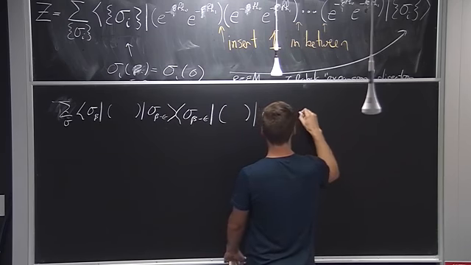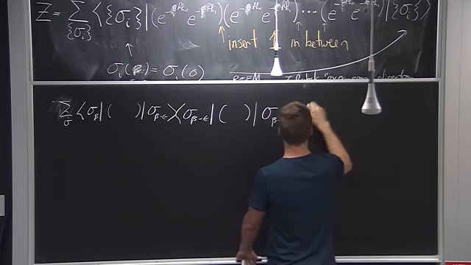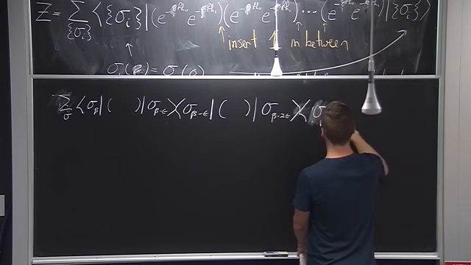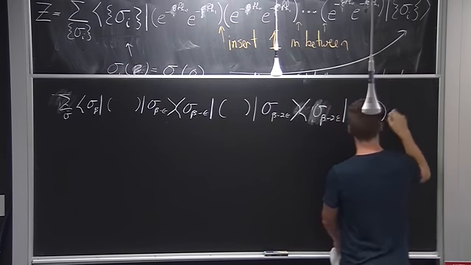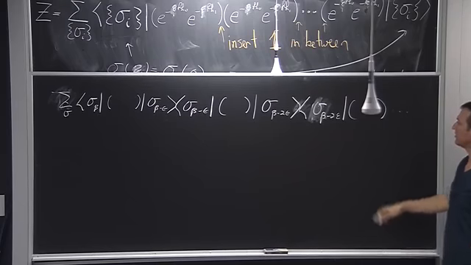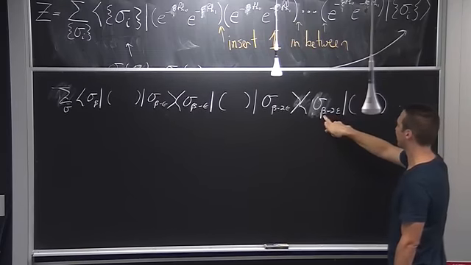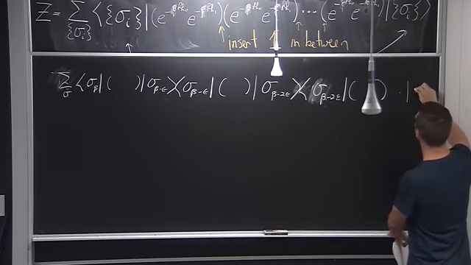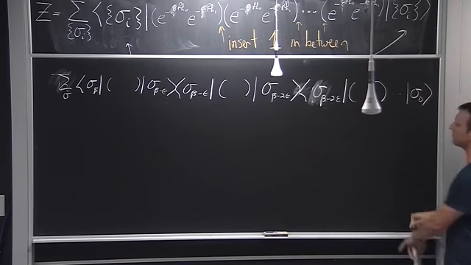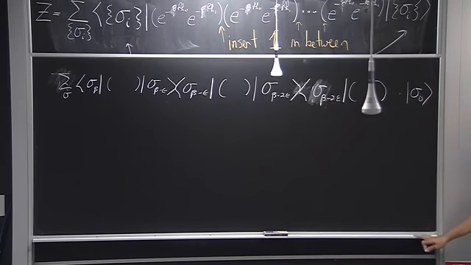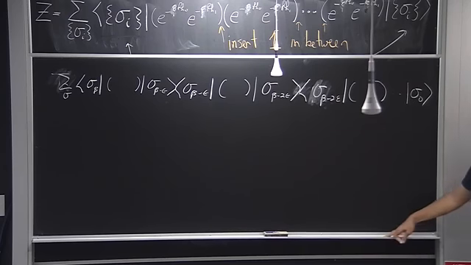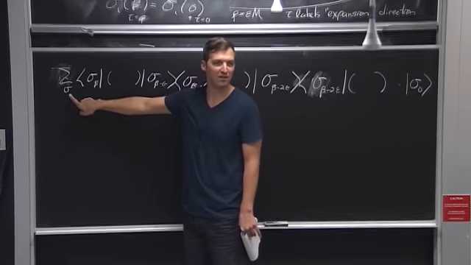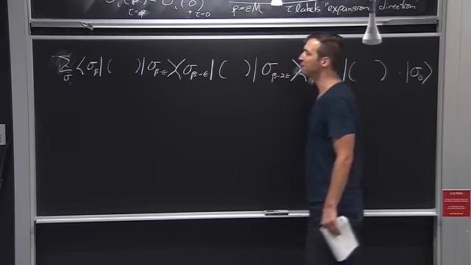Then beta minus 2 epsilon, and the operators again. All the way down to sigma 0, and then you have another sigma 0 there. And that's just one of the sequences. That's a sequence, but you have a sum over all possible starting states there. So that's your trace.